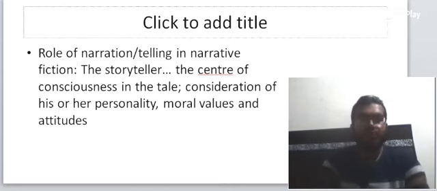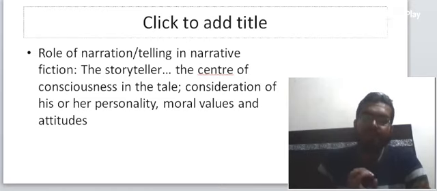The second important factor and defining criterion in narrative fiction is narration, storytelling. Narrative fiction is based on storytelling. We have a voice, we have a storyteller, a narrator who tells this story.